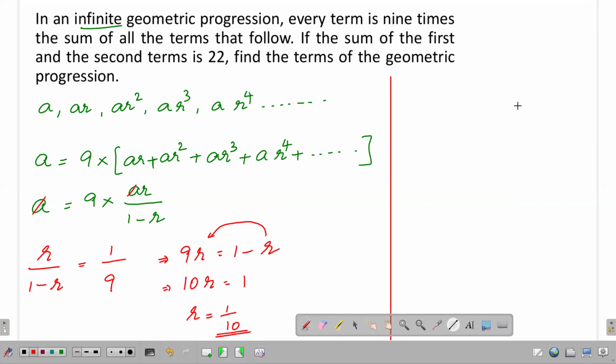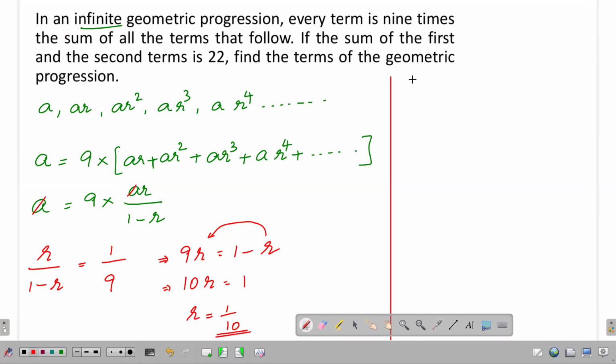Because you can see that here, the sum of the first and the second terms is equal to 22. As indicated in the question, every term is equal to 9 times the sum of the terms that follow.